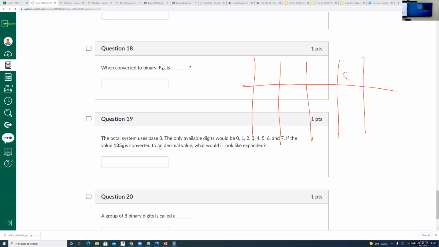This one, 8 raised to 0, 8 raised to 1, 8 raised to 2, and 8 raised to 3. So 8 raised to 1 is 8. 8 times 8 is 64. So you have 1 here, 3 here, 5 here. So we have 1 times 64, 3 times 8, and 5 times 1. You add them up together.